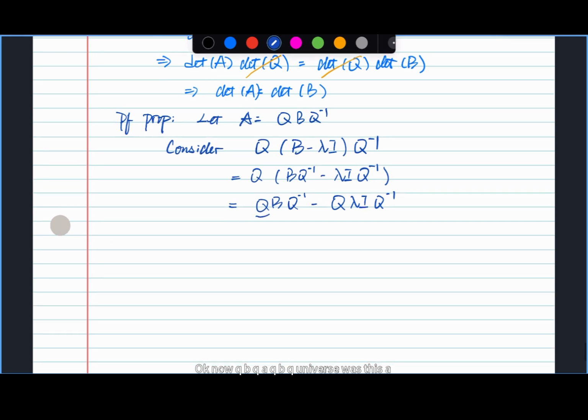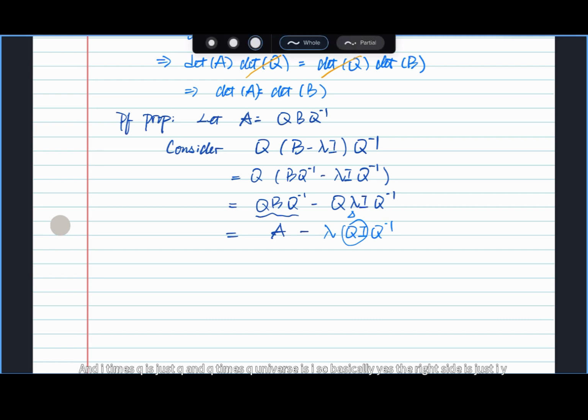Now Q B Q inverse was this A, so the first term is A. And for the second term, lambda is a scalar, so we can take the scalar out, and we are left with Q I Q inverse. I times Q is just Q, and Q times Q inverse is I. So basically the right side is just lambda I.